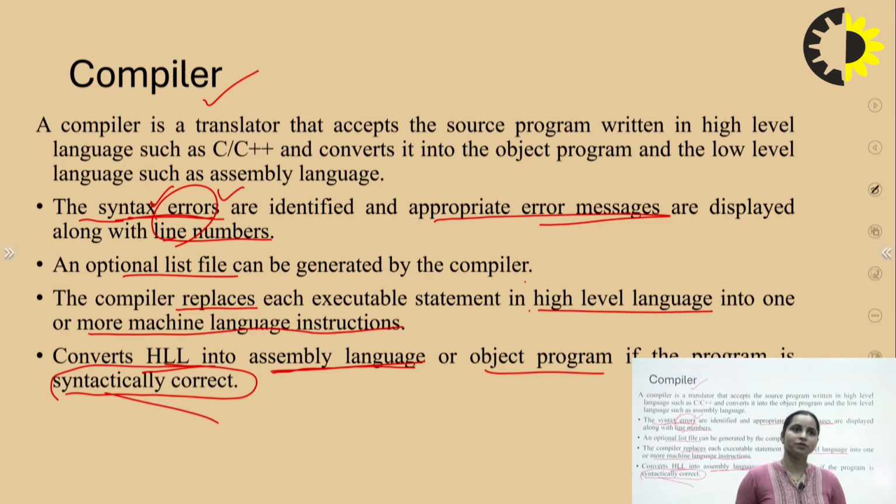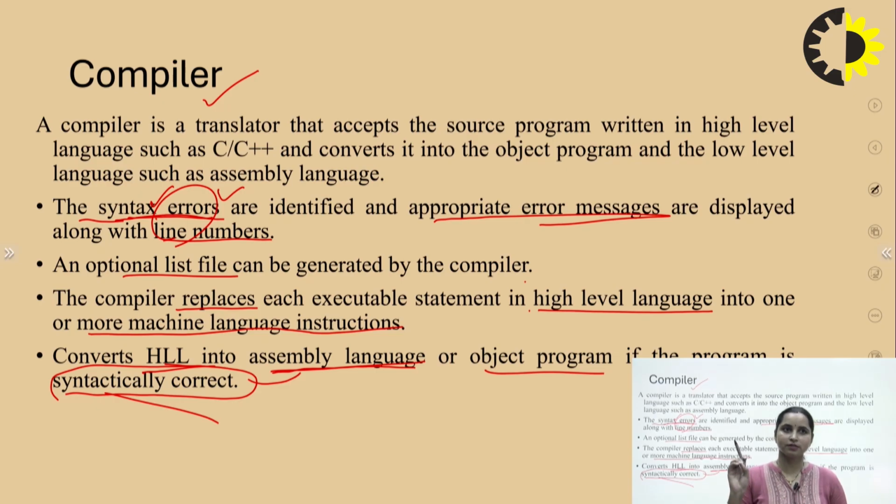This will also be studied in future lectures. So you can understand the gist of the compiler. The gist is that it accepts the source program, which is written in high level language, and converts that source program into a low level language such as assembly language, right?